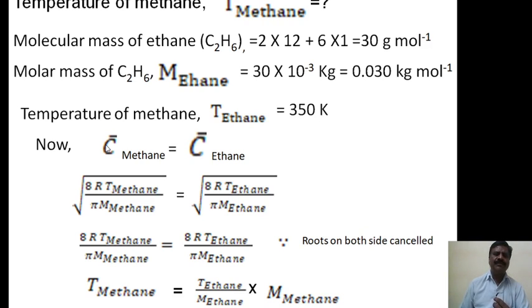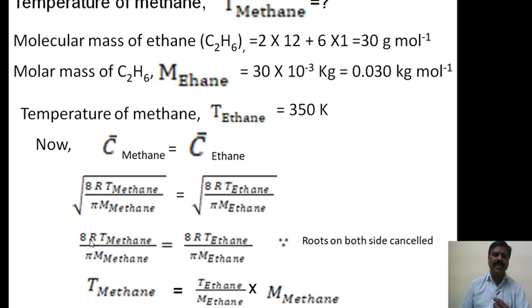Now we know that the average velocity of methane is equal to the average velocity of ethane. Therefore, we take the formula: square root of 8RT methane divided by pi M methane is equal to the square root of 8RT ethane divided by pi M ethane. The square roots get cancelled.